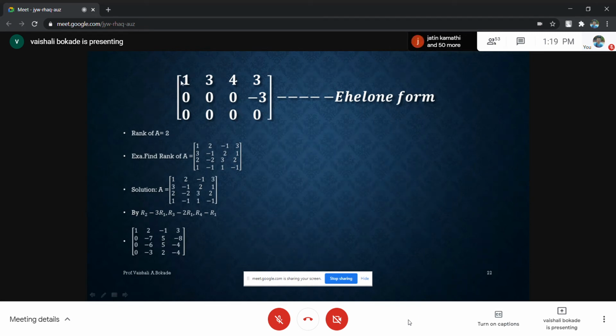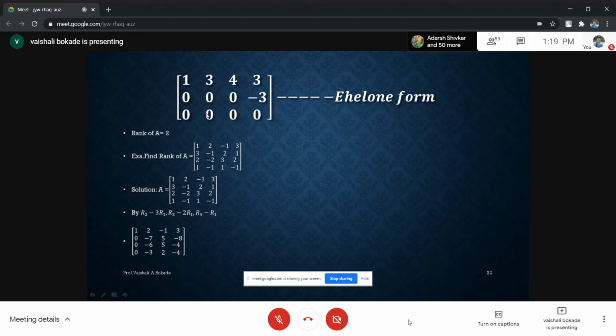So what I require is that the diagonal entries at the 1 1, 2 2 and 3 3 places be 1 or 0, and all entries below the diagonal be 0. Observe that this entry is 0, this entry is 0, this entry is 0. The element at the 1 1 place is 1, at the 2 2 place is 0, at the 3 3 place is 0.